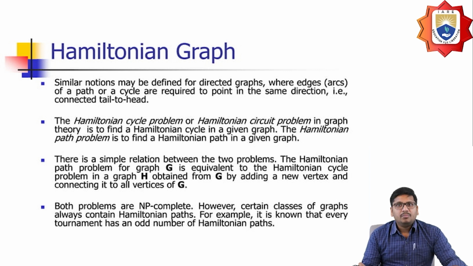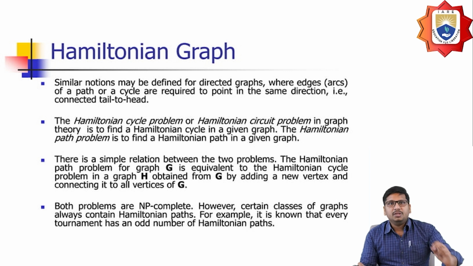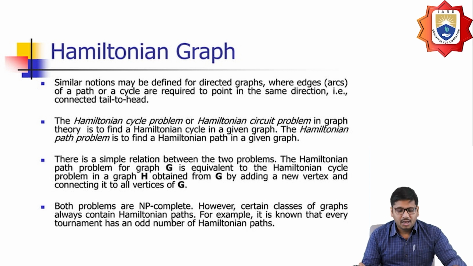The Hamiltonian cycle problem or Hamiltonian circuit problem in graph theory is to find a Hamiltonian cycle in the given graph. So that is the major problem. So how are we going to identify this Hamiltonian cycle? Normally, the Hamiltonian path problem is to find a Hamiltonian path in the given graph.